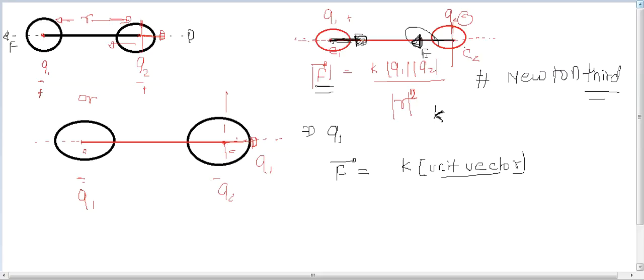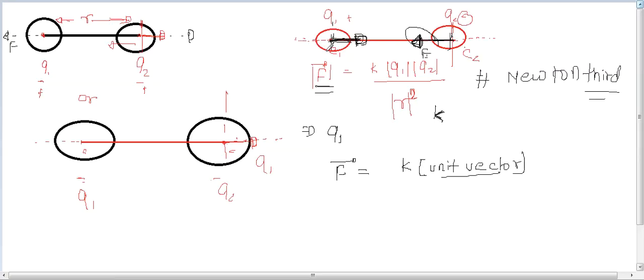So guys, what is this direction? We can find it with the help of a simple vector method. Vector is geometric, so don't get frustrated when you see vectors.